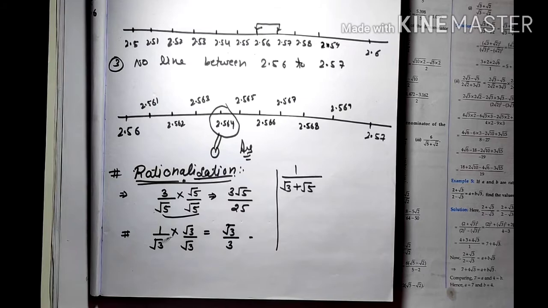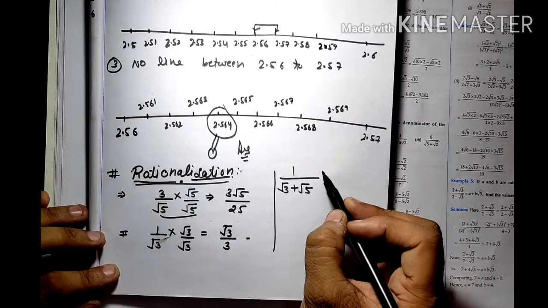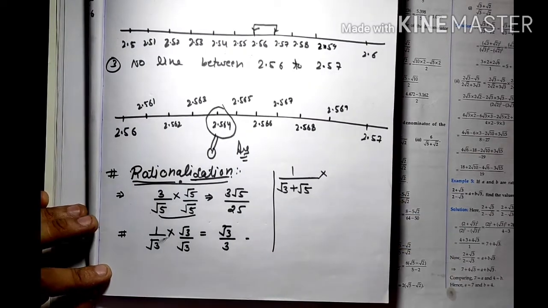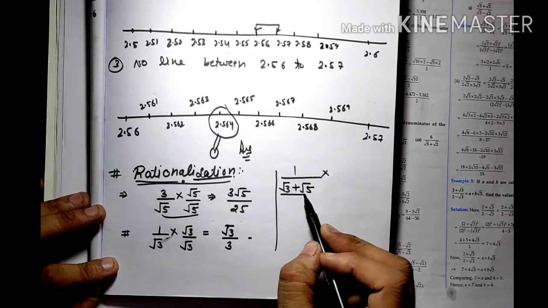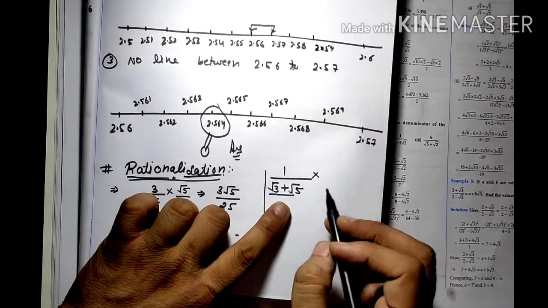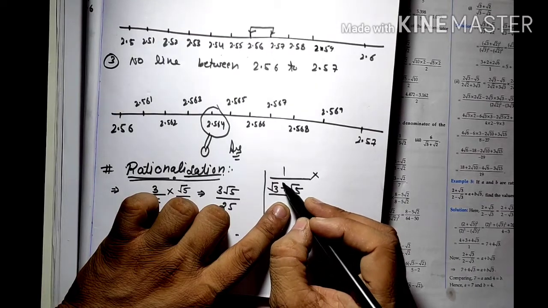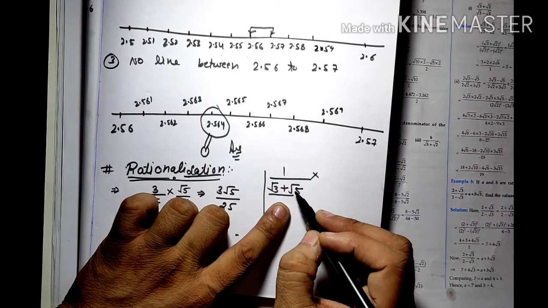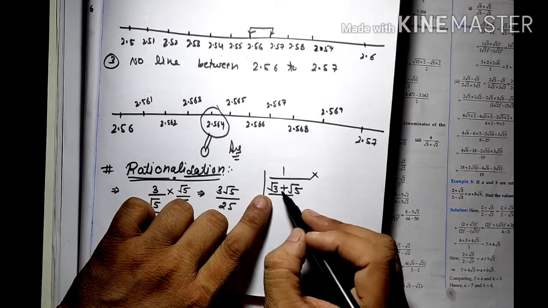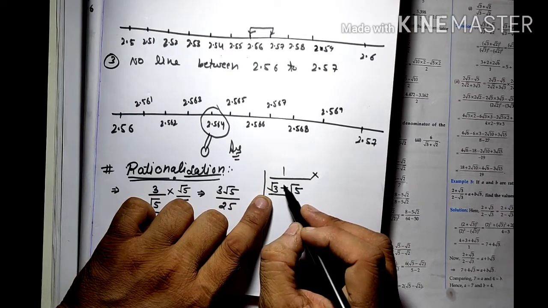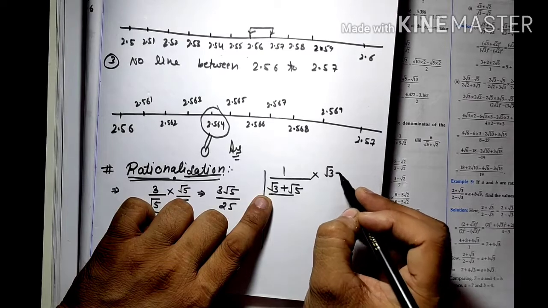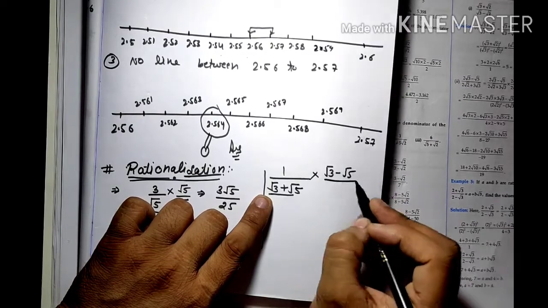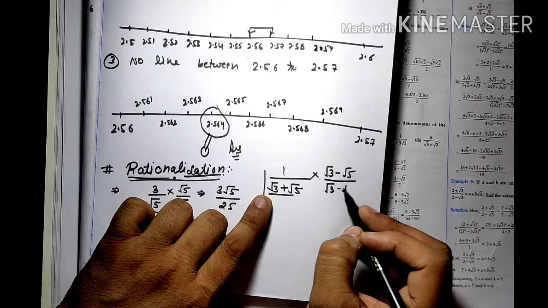Now what do we have to do? We have to multiply and divide by the conjugate of this denominator, and conjugate means just change the sign between the two terms. Here we can see there is a positive sign, so we will multiply by root 3 minus root 5 over root 3 minus root 5.